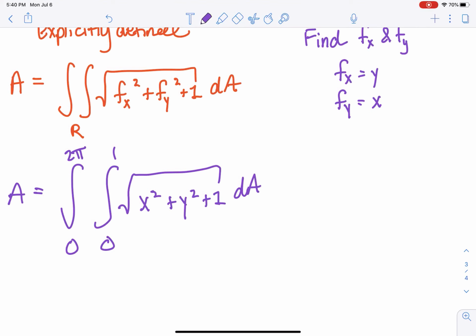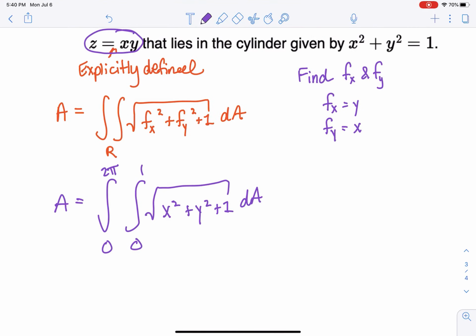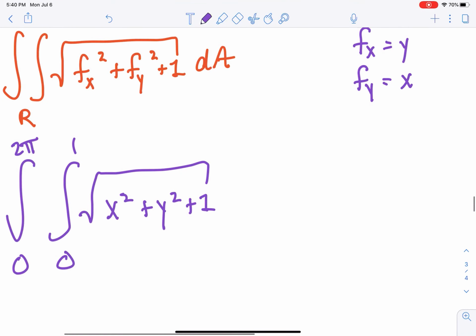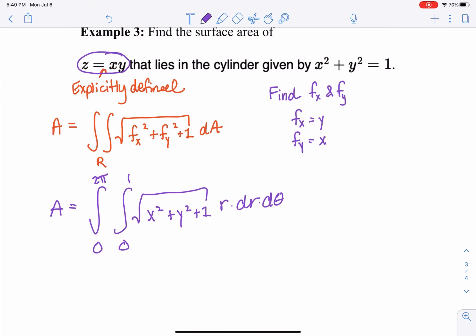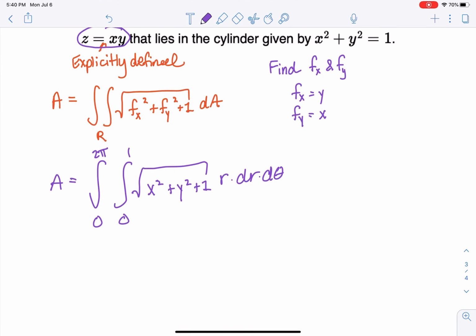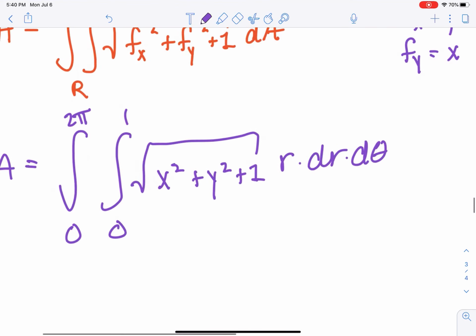And now, because we used r and theta for bounds, we know that this dA has to be r dr d theta, because we just went into a polar coordinate system to do our bounds. So in that case, x squared plus y squared also needs to be converted into polar coordinates, so that x squared plus y squared can be simplified into r squared.